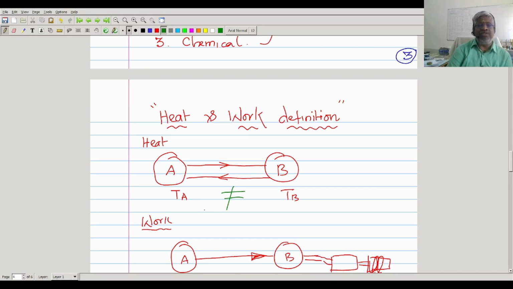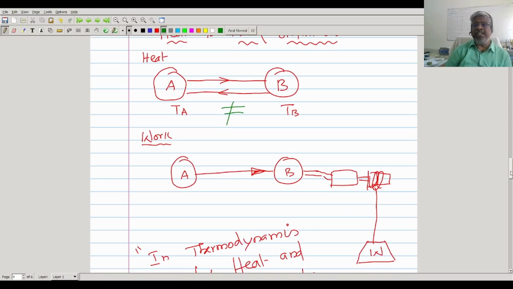So, what is that work form of energy? All other forms of energy whose sole effect can be reduced to raising a weight against gravity are called work form of energy. Say, for example, if it is a mechanical form of energy, we can connect it to a pulley and that pulley can lift the weight.